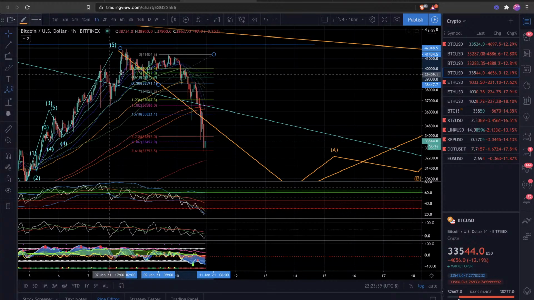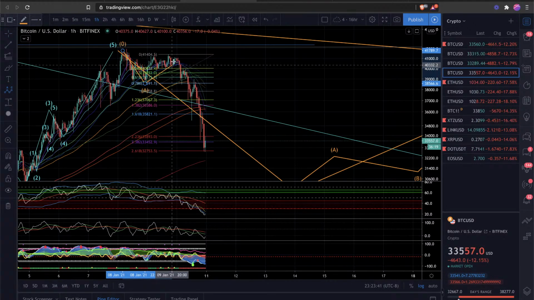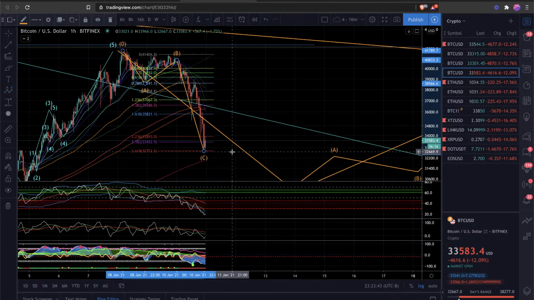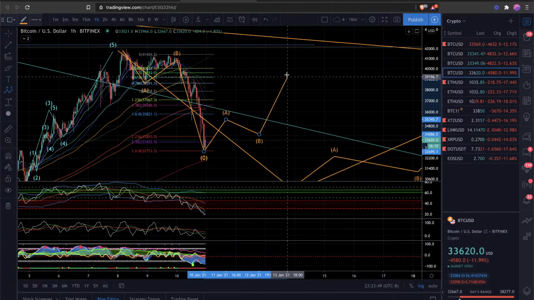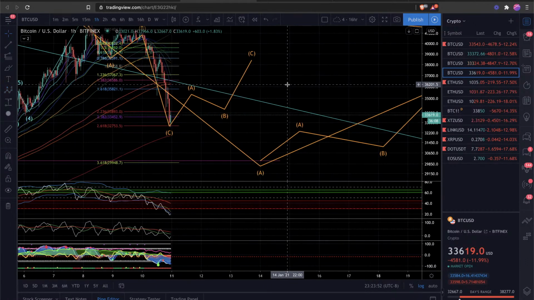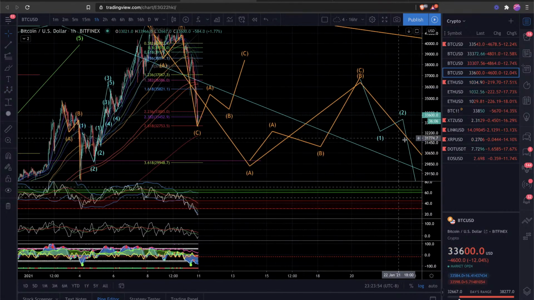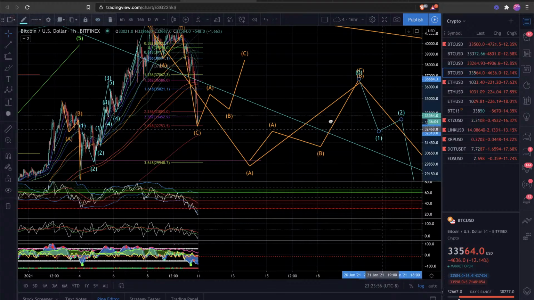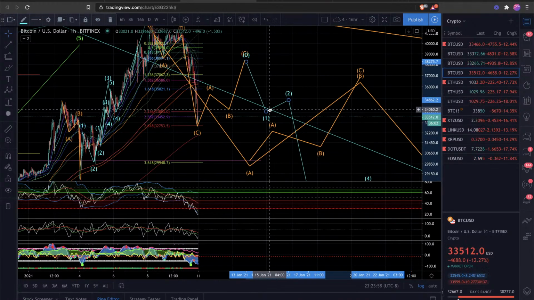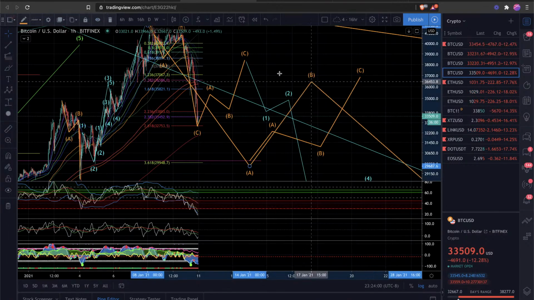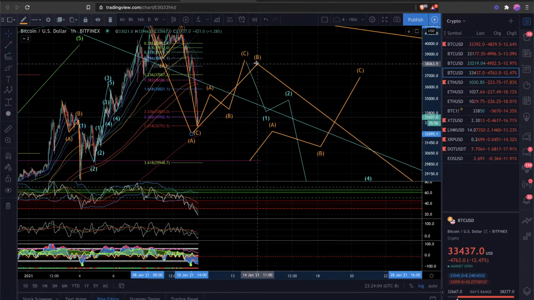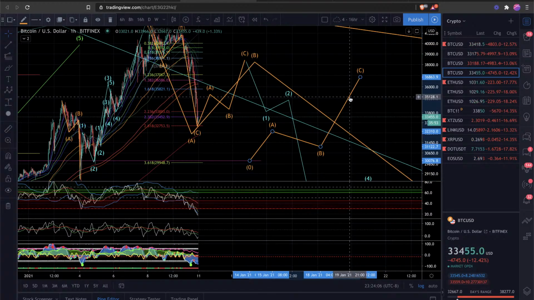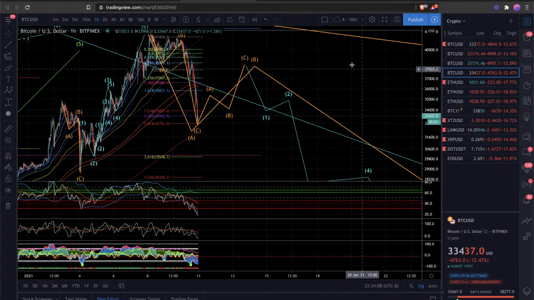If that's the case, we'd have something like that, and then another 3-wave up. But then that's when we would have this 5-wave connection coming back down. So it would look something along the lines of that.